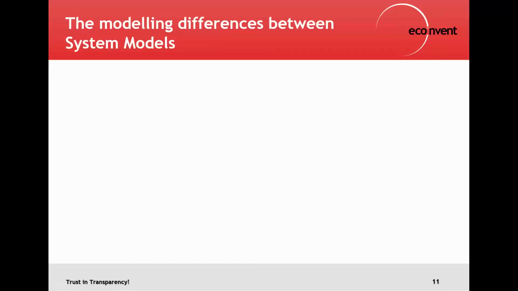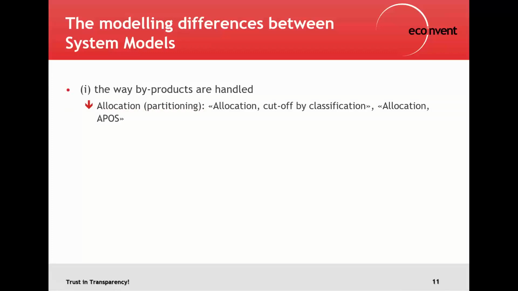So let's explore a bit more in depth what are the differences between the different system models, and let's start with the first one, which is the way byproducts are handled, the way the system models solve the problem of multifunctionality of one activity that produces more than one product. And this is handled in two ways.